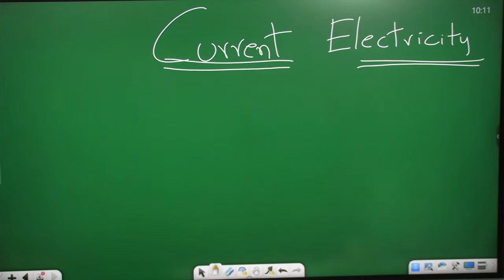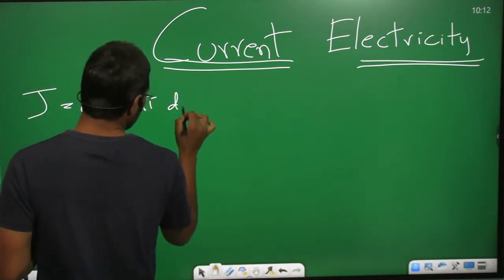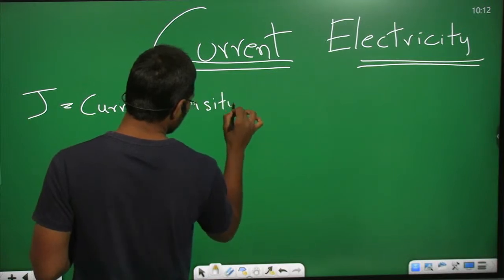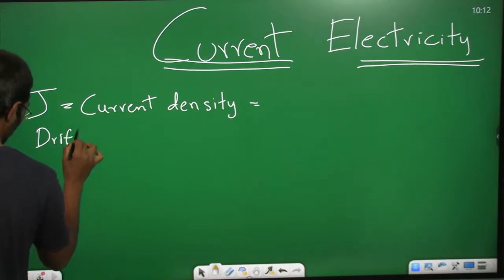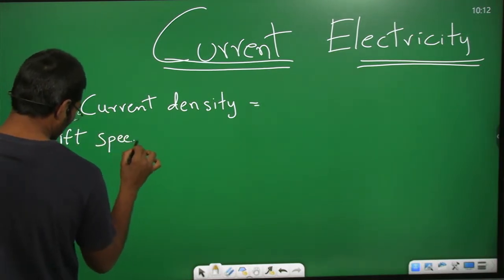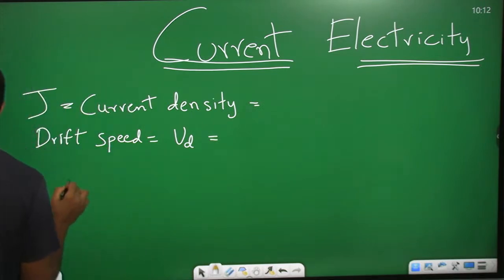See, V is the potential difference and A is the area, Miss Durga. Come on. So try to write all the formulas that you know about current electricity. What is J? Current density. Drift speed. Resistance.